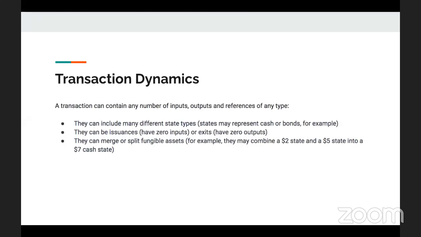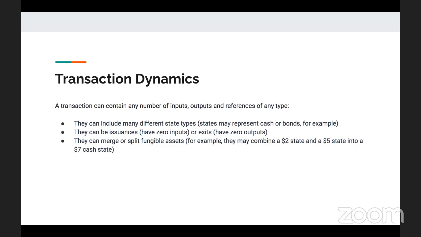So when you look at transaction dynamics, a transaction can contain any number of input, output, and reference states of any type. The state could represent cash or bond or different kinds of entities. There can be issuance. When you issue an insurance or a bond or a token, it need not consume any state.